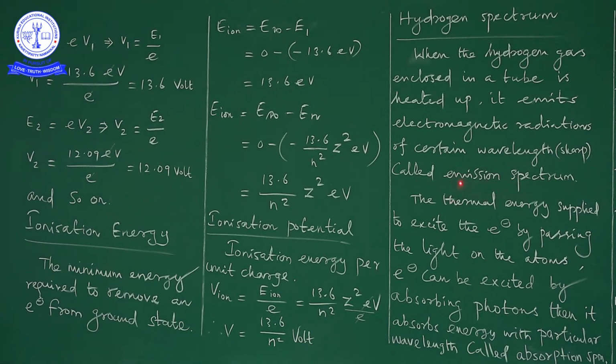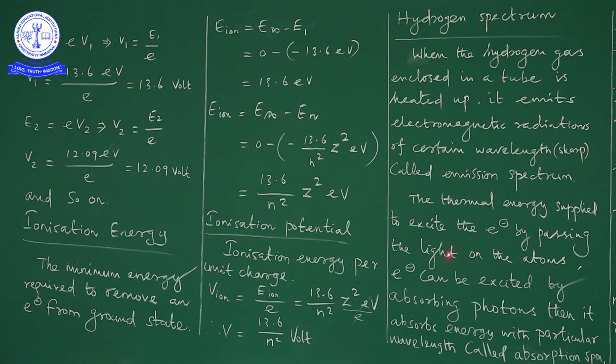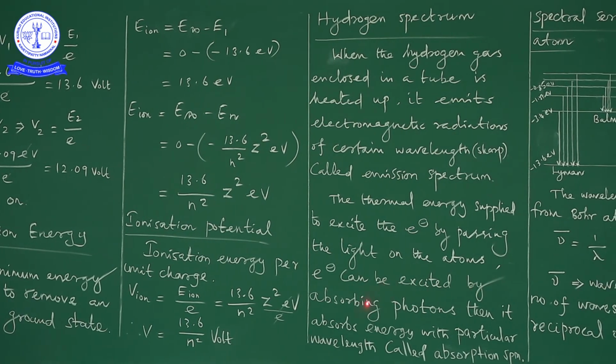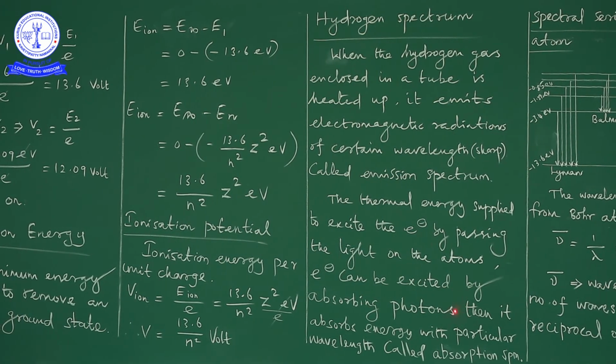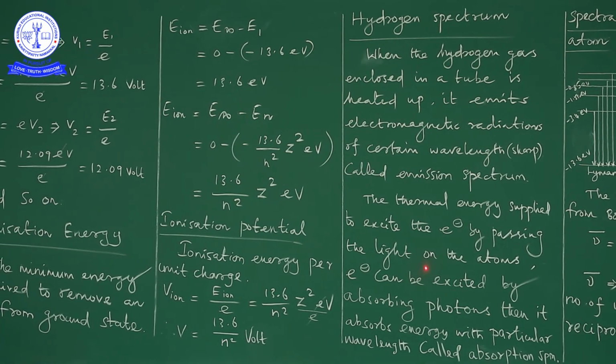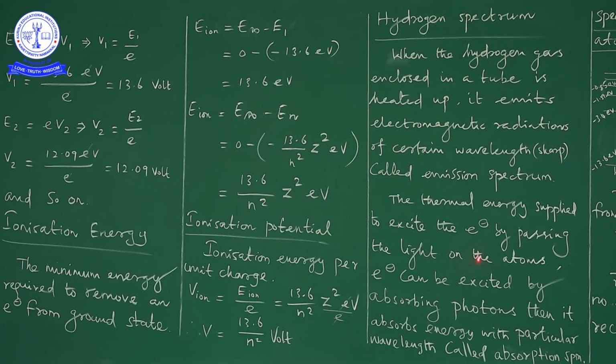Moving to the absorption spectrum, thermal energy is supplied to excite the electron by passing light on the atoms. The electron can be excited by absorbing photons. In this case, it is able to accept photons of energy.